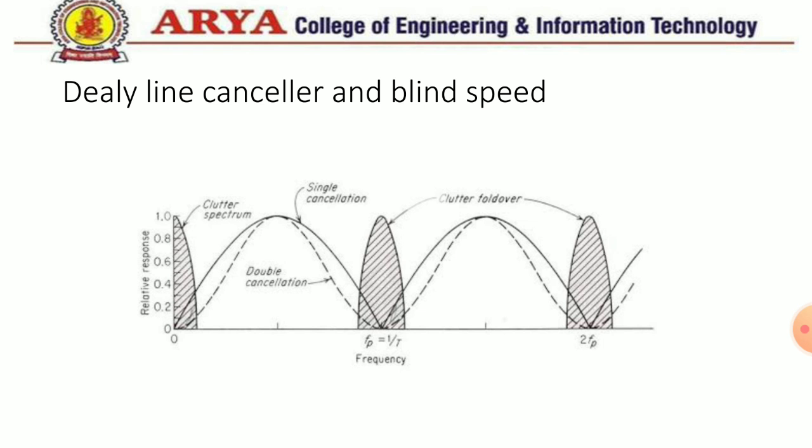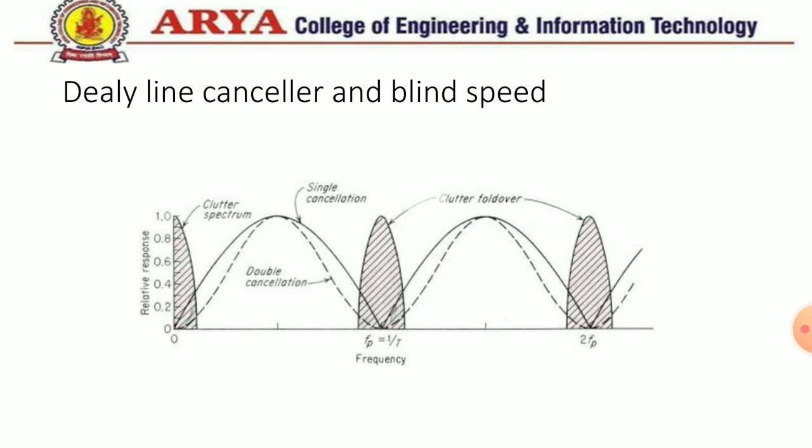The reason is that the response of the delay line canceller is 0 or minimum. The delay line canceller cannot identify an object which is there in the echo signal vicinity. So if fd is associated with blind speed, then the delay line canceller cannot give a response. That's why the speed associated with the target is called blind speed.